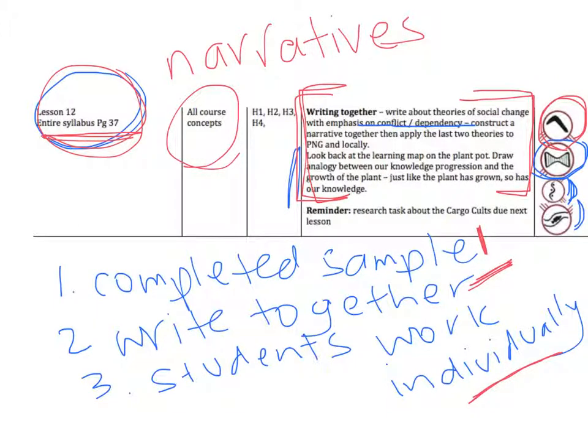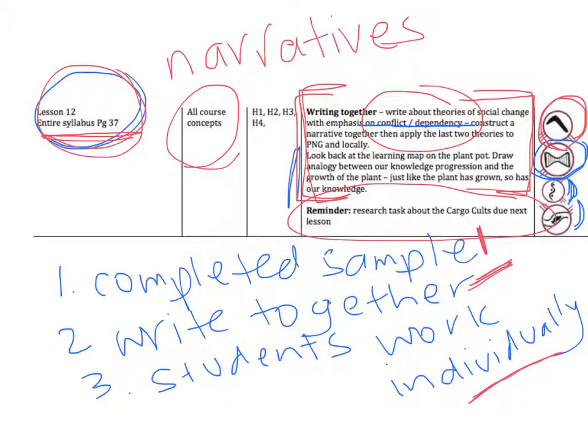The thing that I wanted to point out about this lesson, though, is that the fact that we've got this emphasis on conflict and dependency theory, and that we're setting a research task about cargo cults, is what you would call scaffolding.